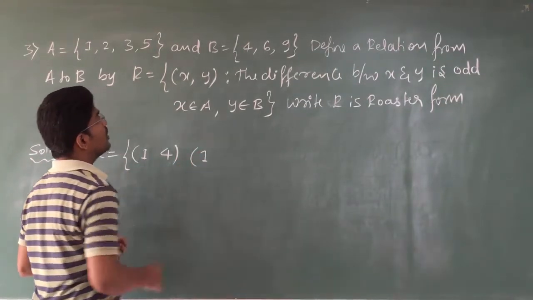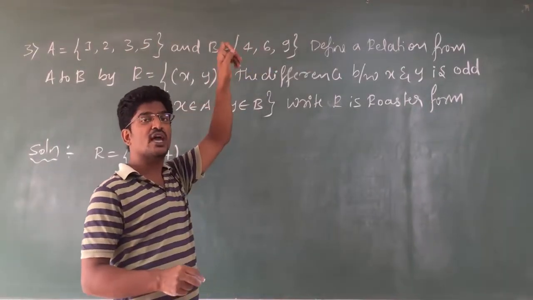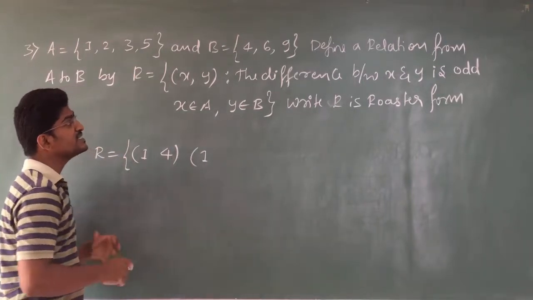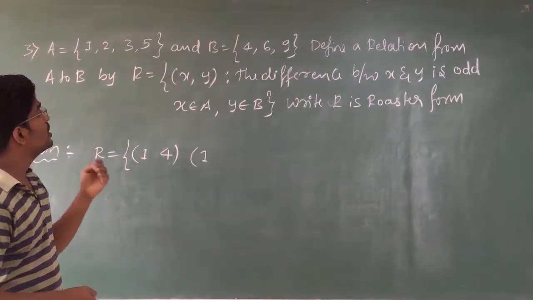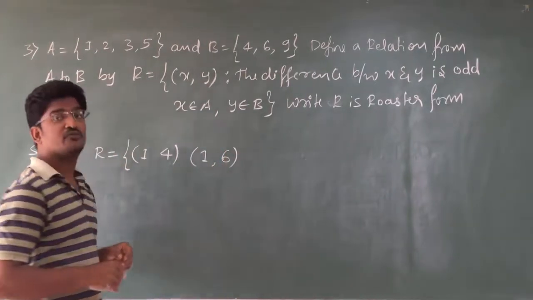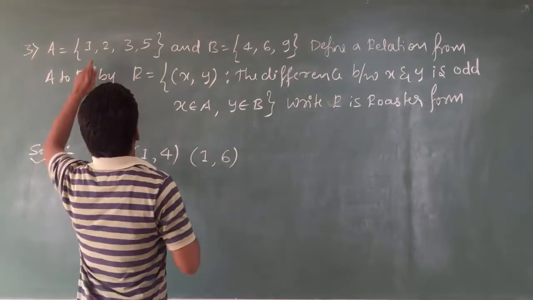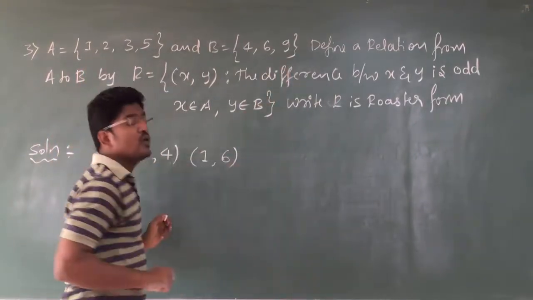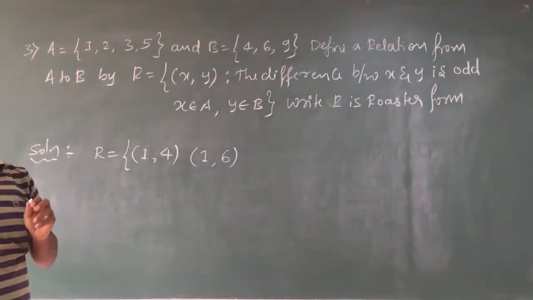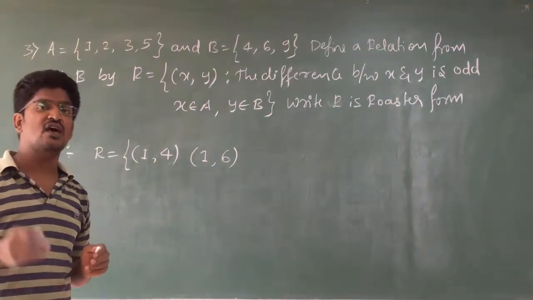Again for 1, what can you choose? For 1, can you choose 6? You can choose 6 because the difference is 5. So therefore (1, 6) also I can write, because the difference will be 5 and 5 is an odd number. Next, for 1, can you choose 9? No, you can't choose 9 because the difference between 1 and 9 will be 8, where 8 is not an odd number.